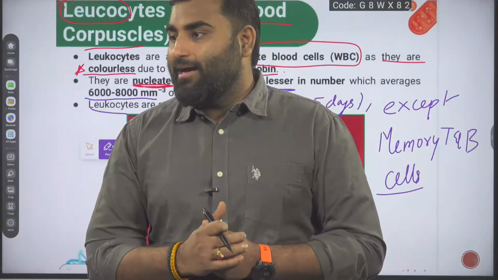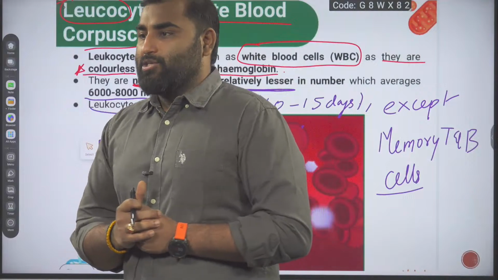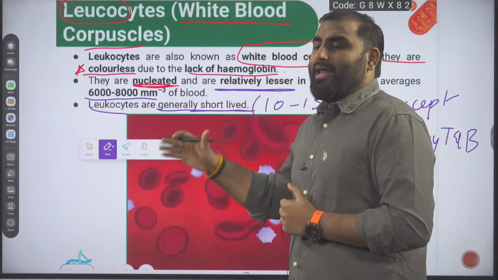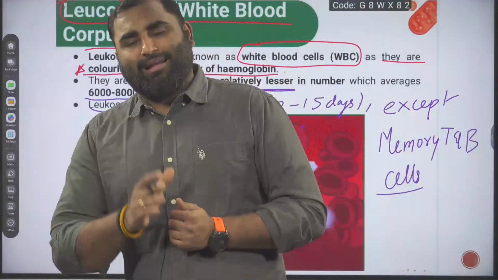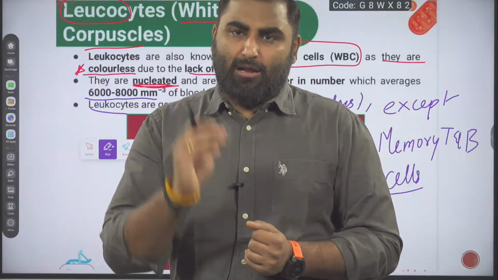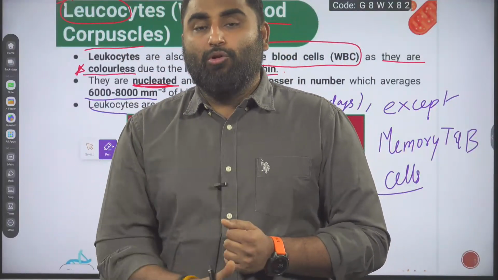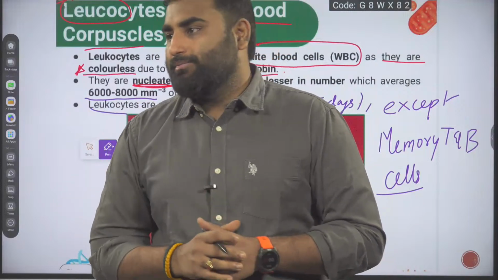That is the leukopenia condition. So it may happen as well. My question was, where are the WBCs formed? Same answer, red bone marrow. RBCs are also formed in the red bone marrow. WBCs are also formed in the red bone marrow.